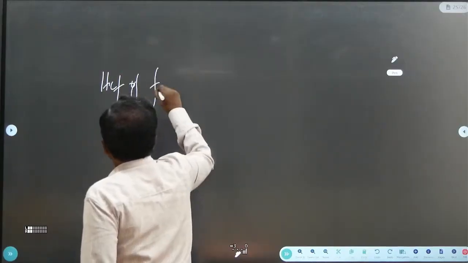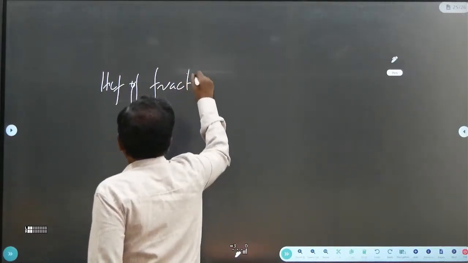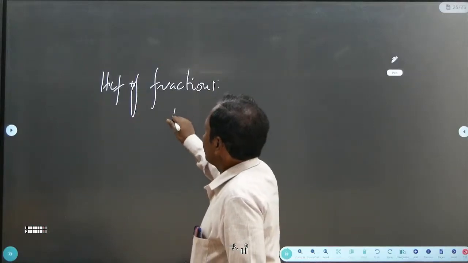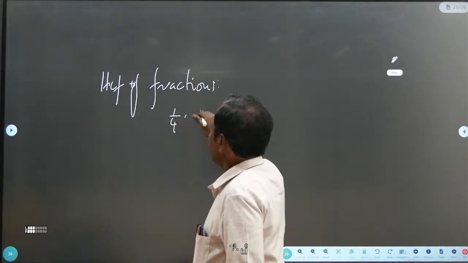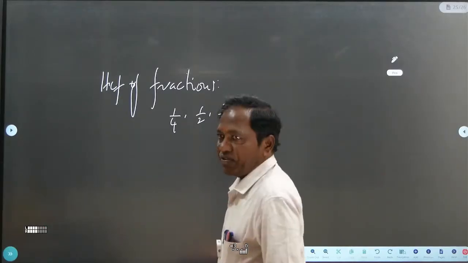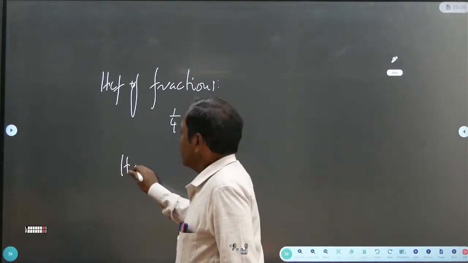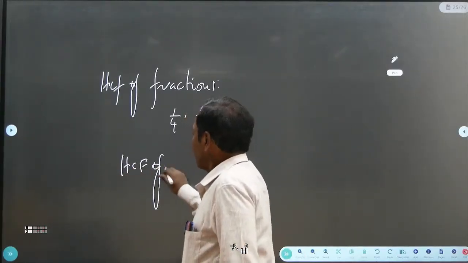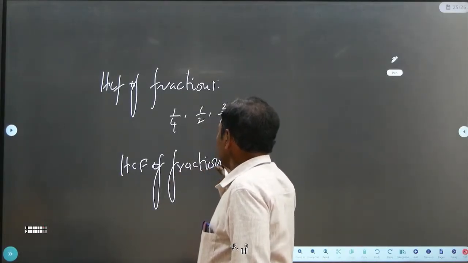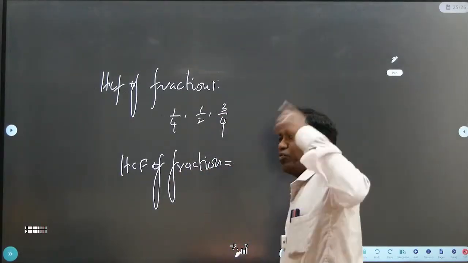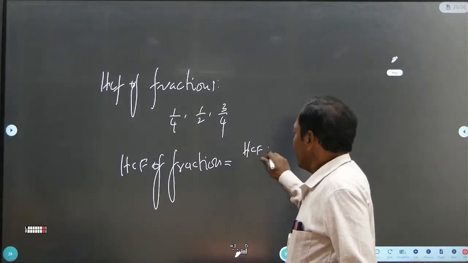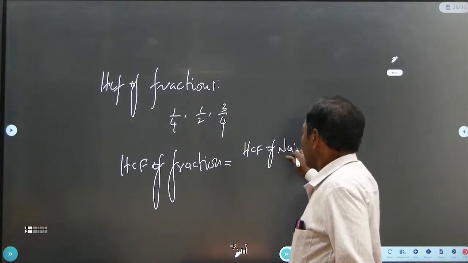Like now, HCF of fractions. First we have taken their smallest fraction, 1 by 4, 1 by 2, 3 by 4. What is the HCF of fractions? LCM, how did we do that? LCM of numerators. Here also HCF of numerators.